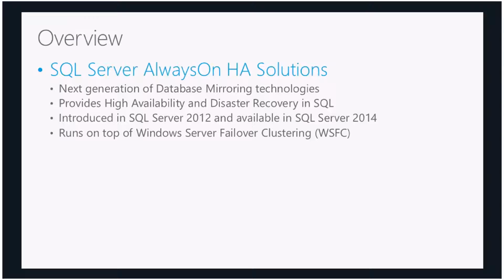It gives us the ability to do disaster recovery as well as high availability with SQL databases, and it runs on top of Windows Server failover clustering. So that's going to have an impact on, for example, the version of Windows Server that we use in terms of planning and deployment.